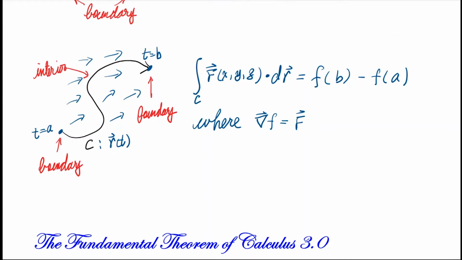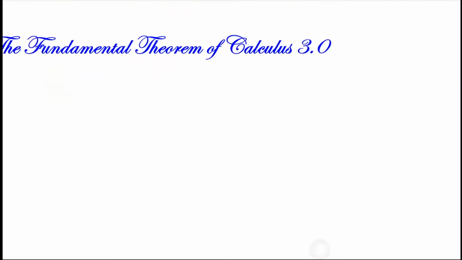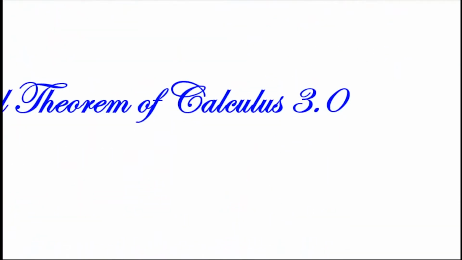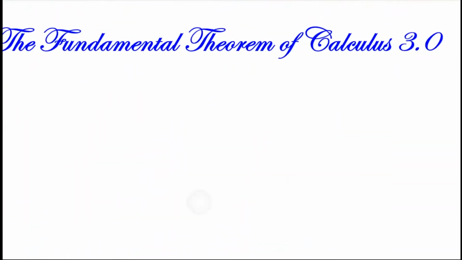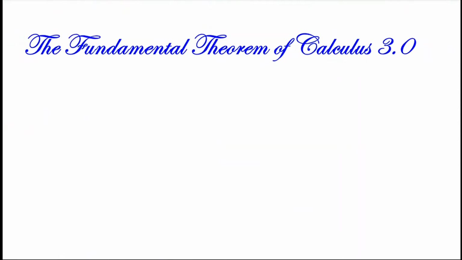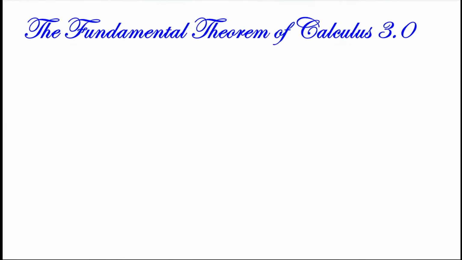Okay, because I'm about to state Green's theorem, and this is going to blow your mind. Now we're back with the fundamental theorem of calculus 3.0, which is Green's theorem. Of course, if I can learn to spell Green.